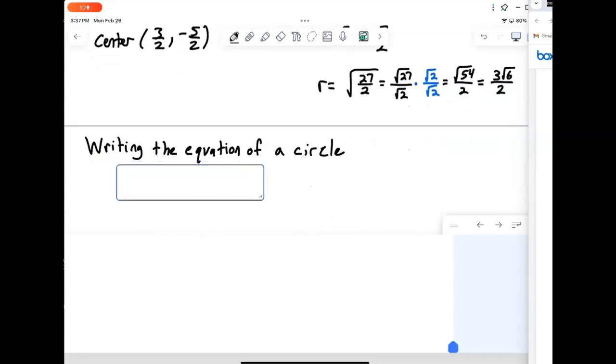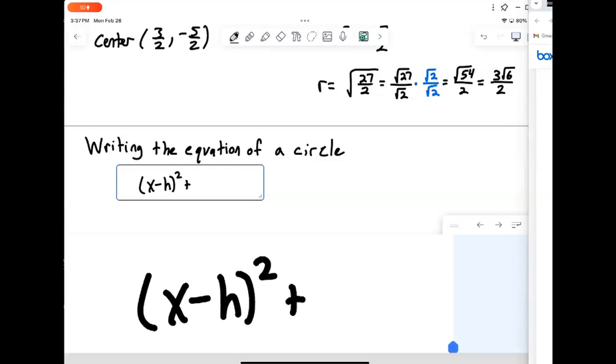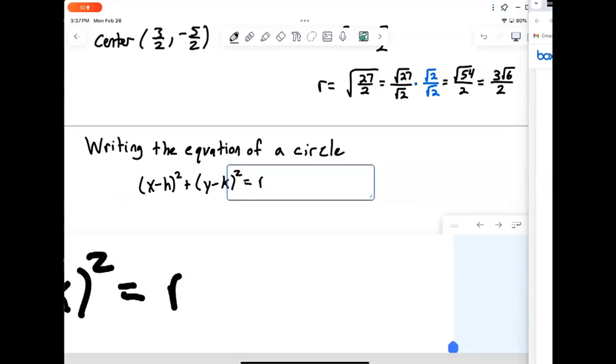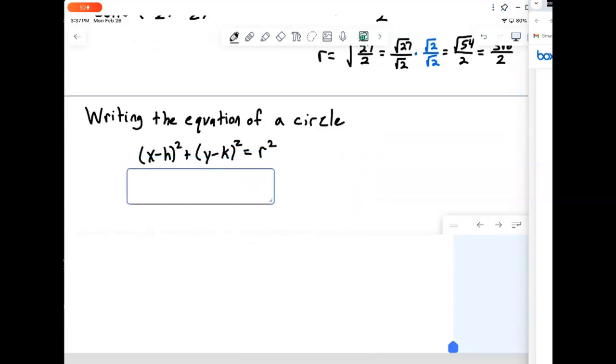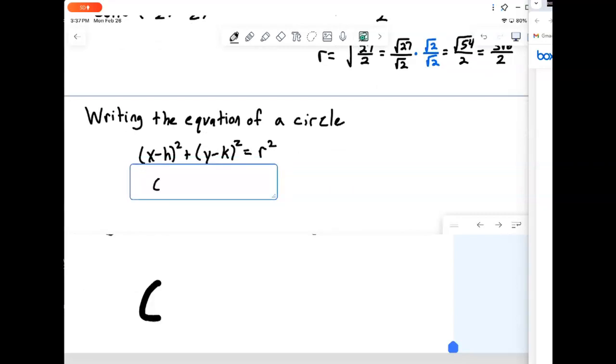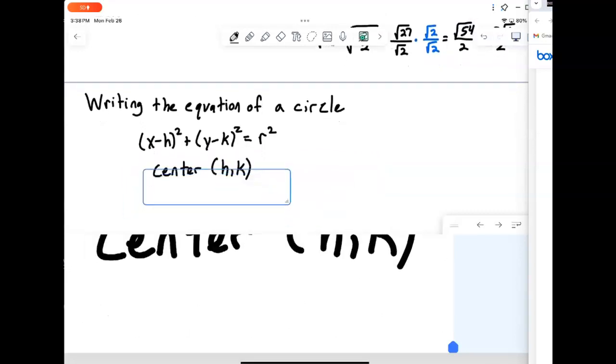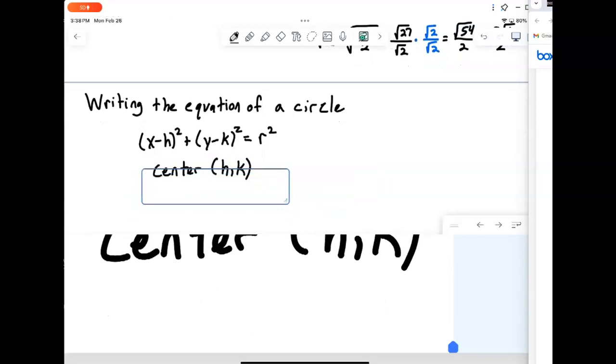If we know the center, h, k, of our circle, and we know its radius, or actually if we just know r squared, radius squared, then we can write out the equation. So that becomes our task, to try and figure out those things.